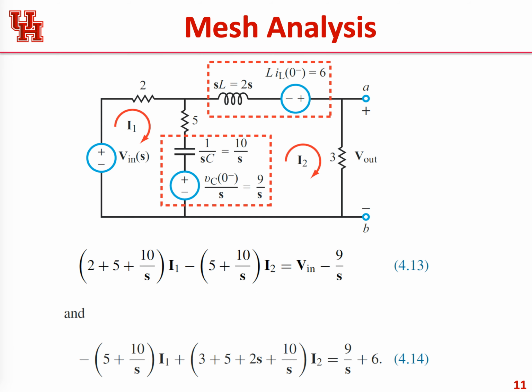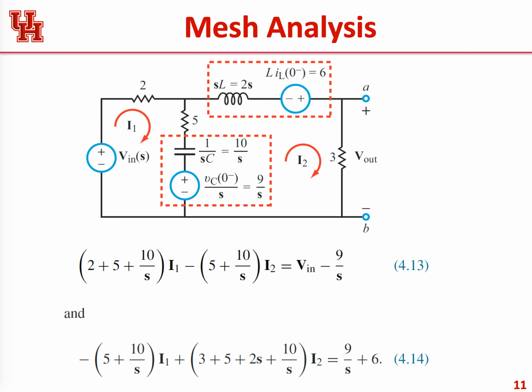The way to do that is to first write down KVL for this part of the mesh. So the voltage is going to be Vn of S. Let's keep going along in this direction.